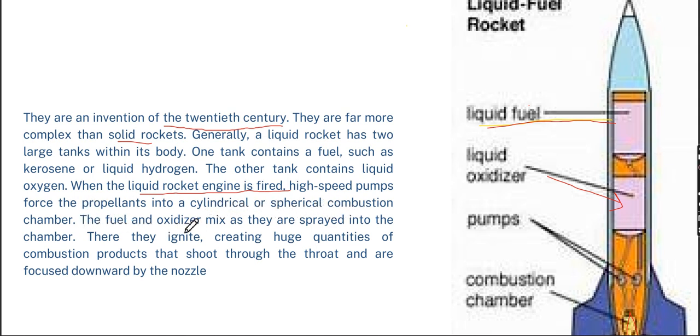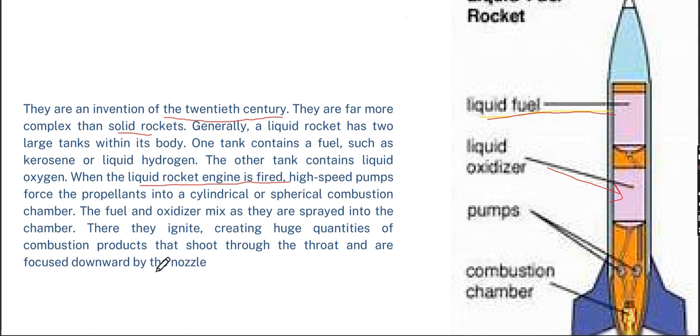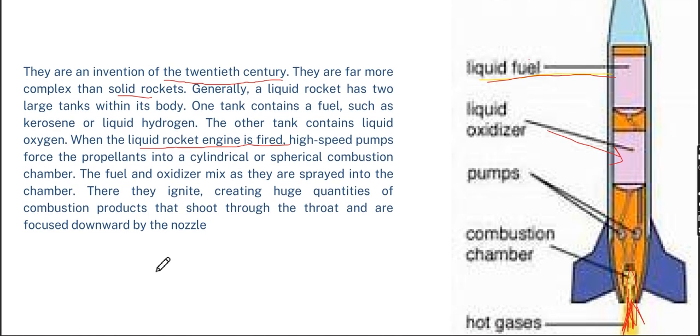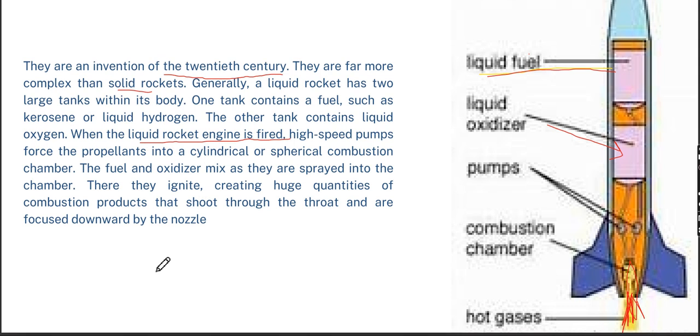The fuel and oxidizer mix as they are sped into the combustion chamber. They ignite, creating a huge quantity of combustion products that move through the throat and are focused downward by the nozzle. Okay, thank you.